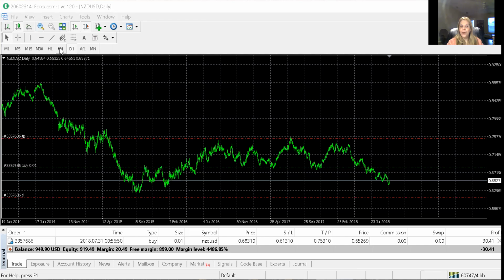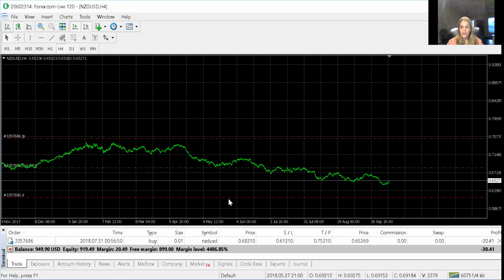Now let me show you something. Going down in the 4-hour time chart, you can see that my stop loss is actually 7,000 pips negative, or $70. The reason why it's so low is because it's a 0.01 lot size, and my balance is $949.90.